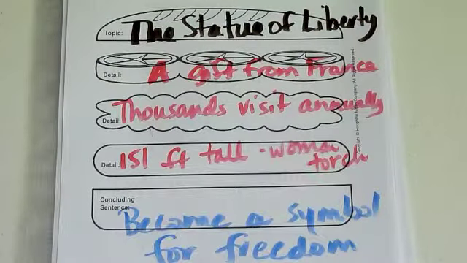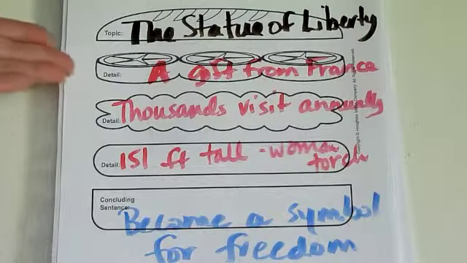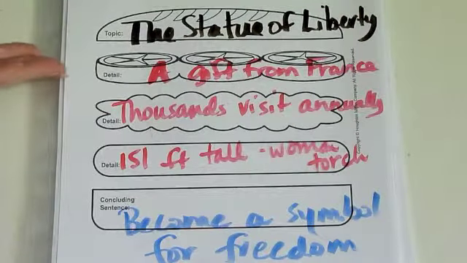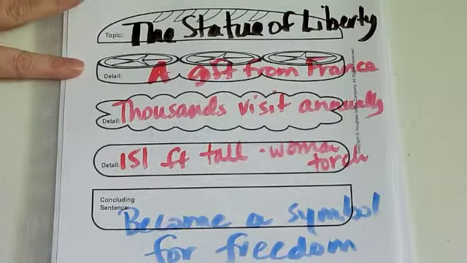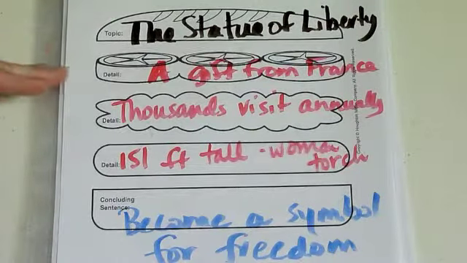When you think of different parts of the United States and its history, the Statue of Liberty is right there among the top things that you think about. And the reason is, and these are your details, it was a gift from France. France made this for us. Maybe some of you don't know that. They made it and sent it over here to us. And you might talk about that.